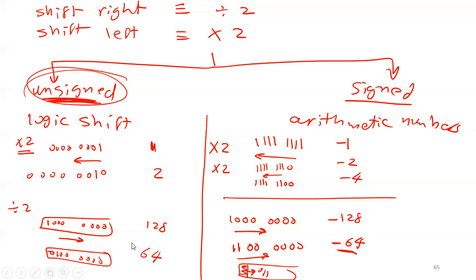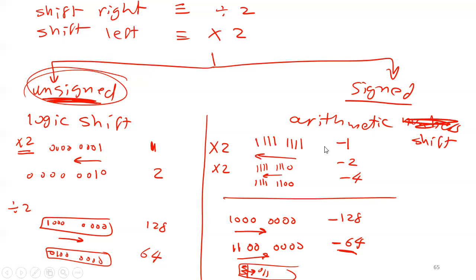Now it is 64. For signed numbers, you have to use arithmetic shift. Okay. So here, again for shift to multiply by 2, still you shift with 0.